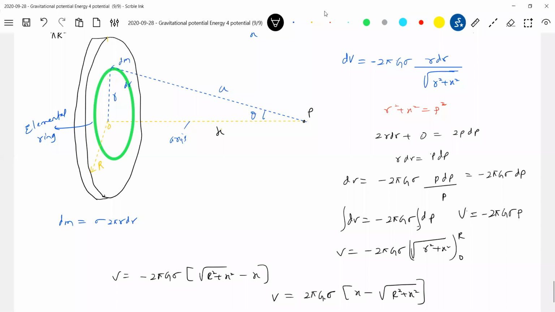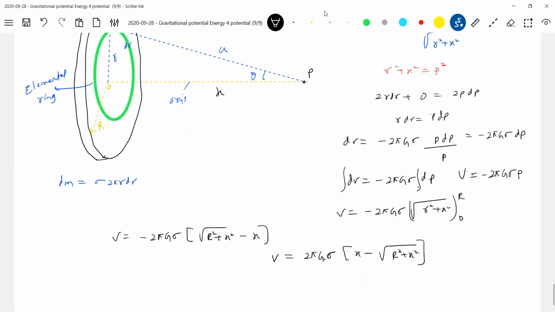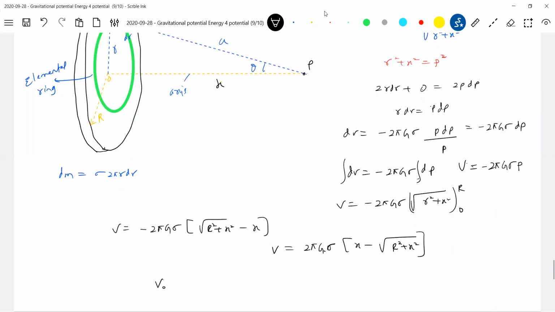This is the potential on the axis of the disk. That one I think you can remember, a very simplified formula. Put x equal to 0. You'll get potential at the center, at point O. This is on the axis. What is the potential?